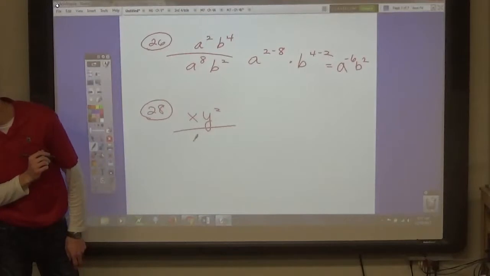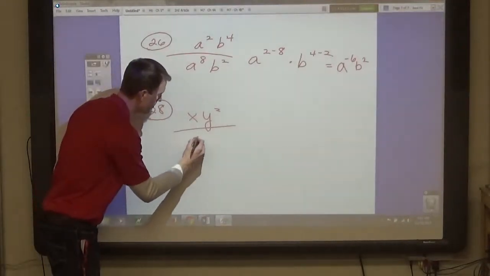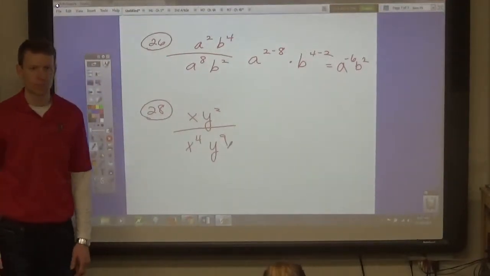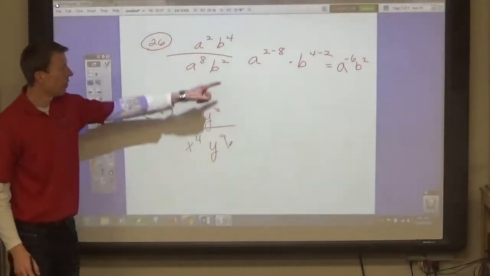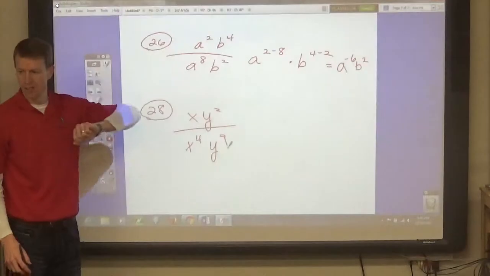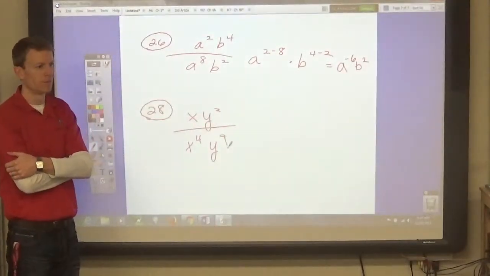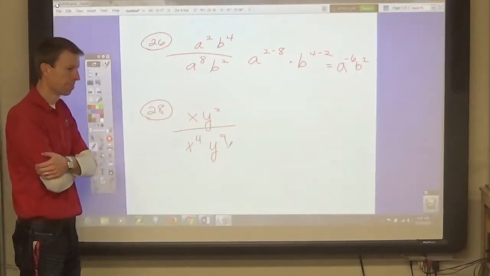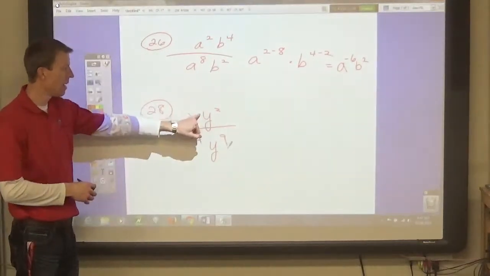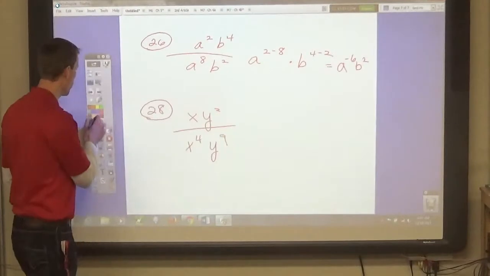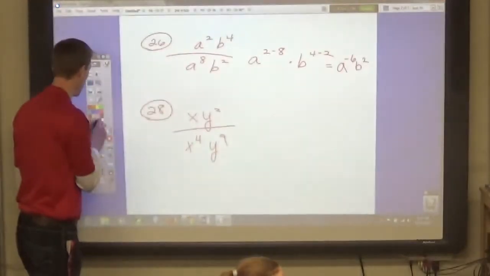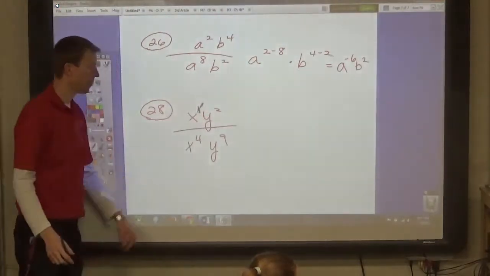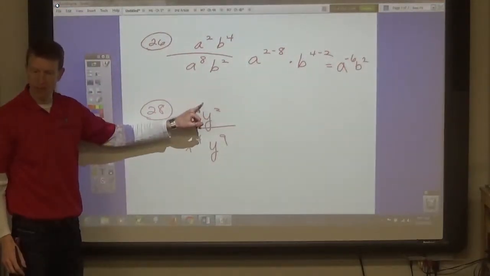Is it what? No, x to the fourth times y to the ninth. Now, write it out that way. Would the x be a 1? The top x, would it be a 1 or? Yeah. So if there's not an exponent there, then you treat it like a 1. This is x to the first power.